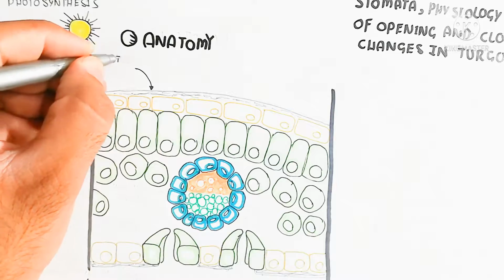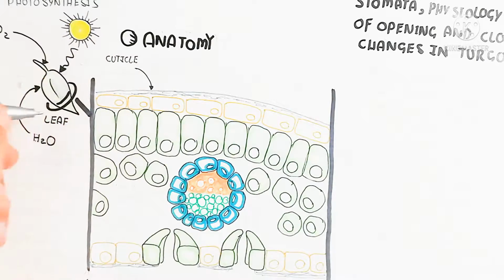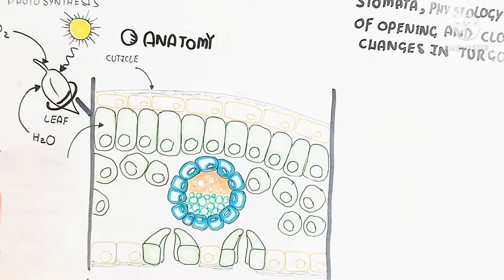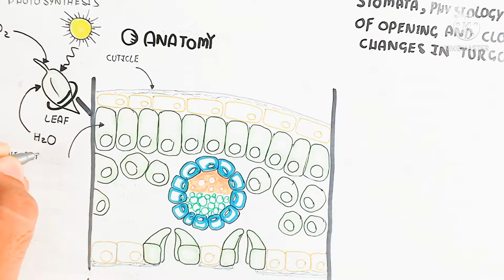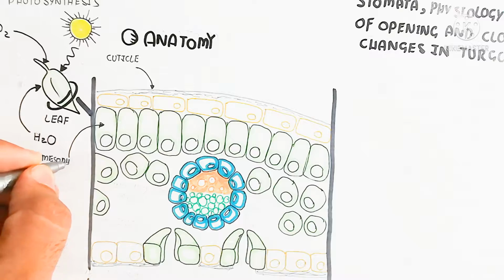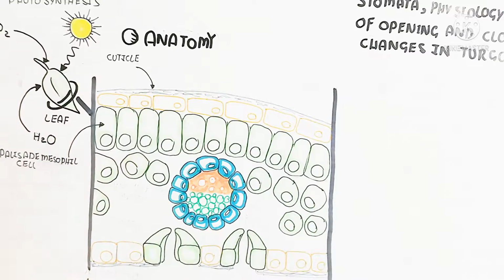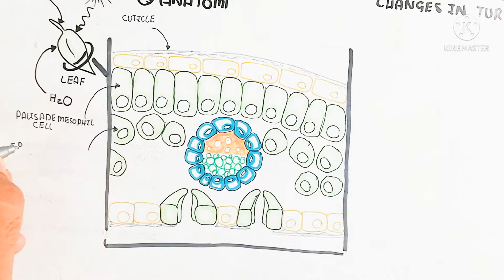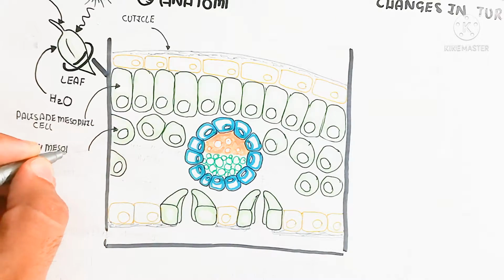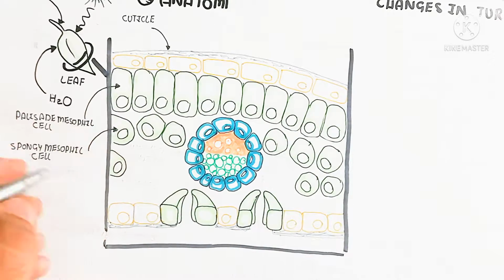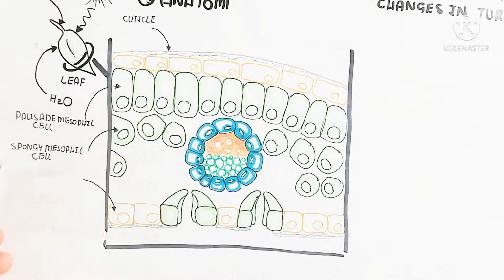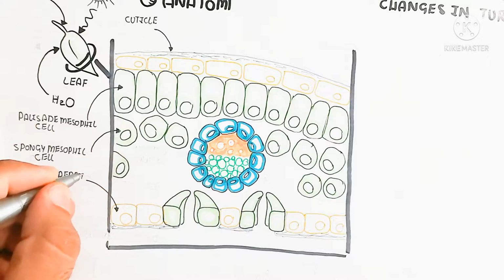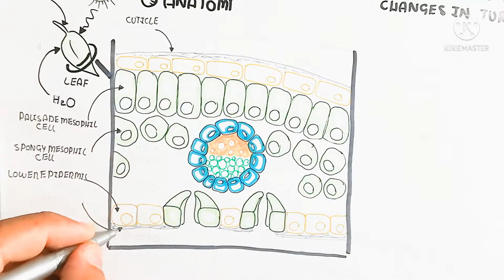Simply, we can say this is the cuticle, and the upper and lower leaf surfaces contain a waxy layer which is hydrophobic. This is the palisade mesophyll cell and the spongy mesophyll cell, which are used for photosynthesis because they contain a rich amount of organelles known as chloroplasts.